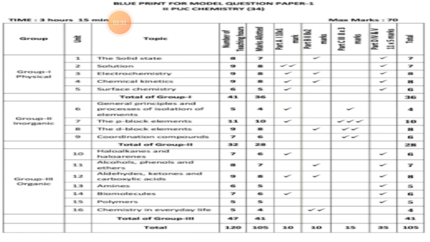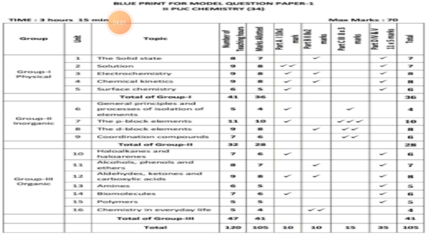Then the second chapter from part first is solution, which has 9 periods and 8 marks weightage. Here there are 2 questions for 1 mark and 1 question for 5 marks. Once again, the weightage of this topic is 7 to 8 marks.